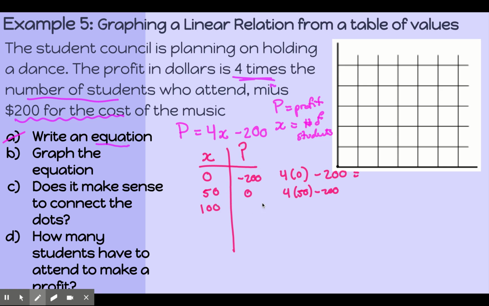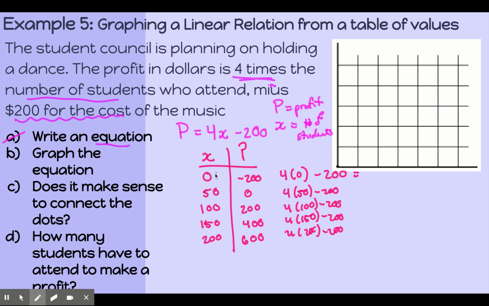At 100 students, I have made $200, or the student council has made $200. At 150 students, 4 times 150, you should be profiting 400. And at 200 students, 4 times 200, we're looking at $600.